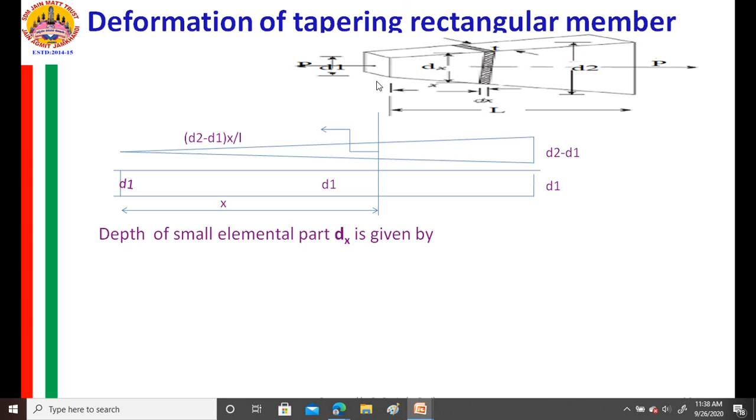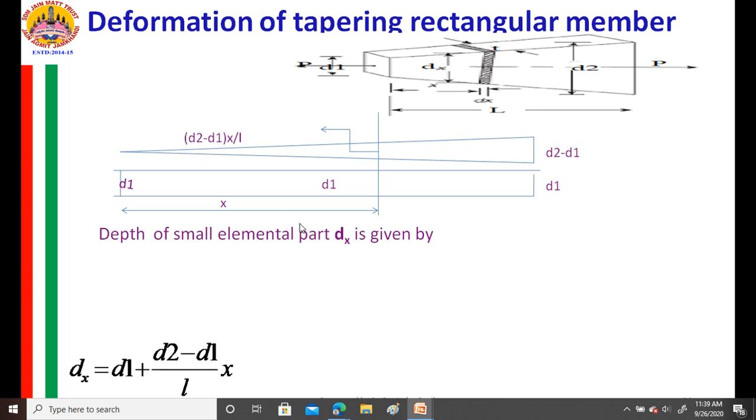Now to calculate that d subscript x, I want this particular dimension based on this and this. This we call interpolation in surveying. For that, I take d1 plus (d2 minus d1) divided by L into x, by the similar triangle property.